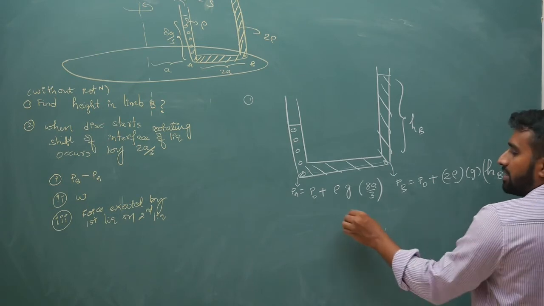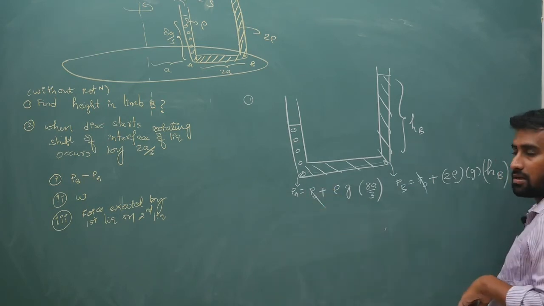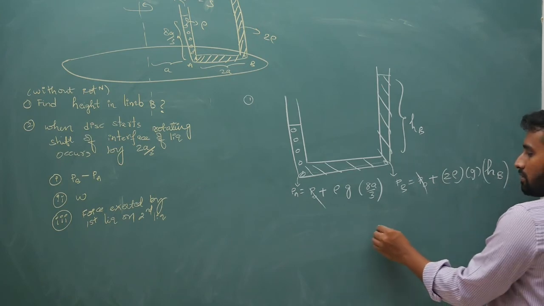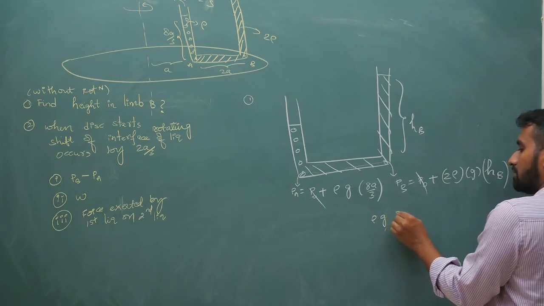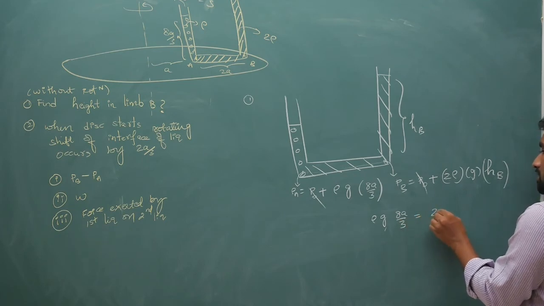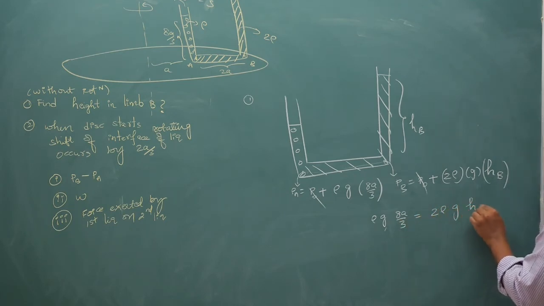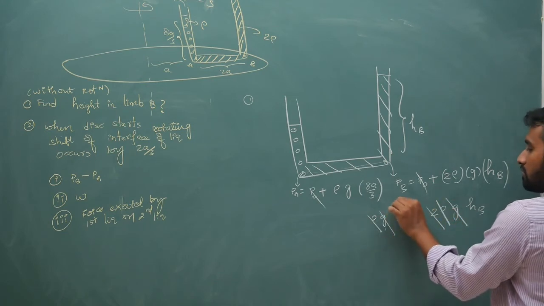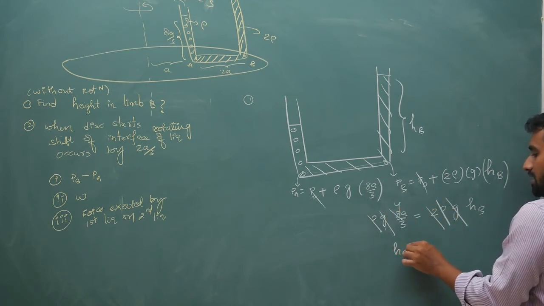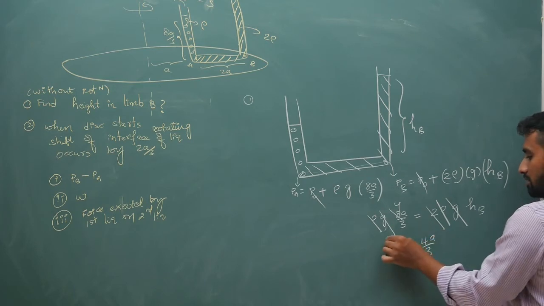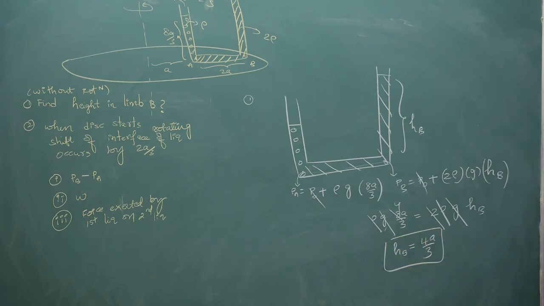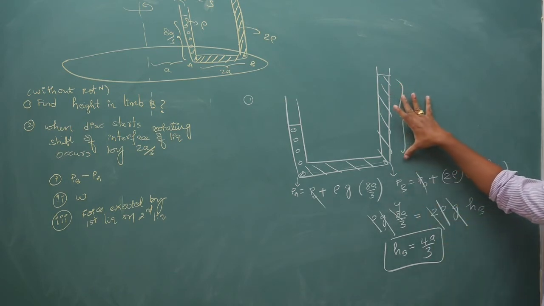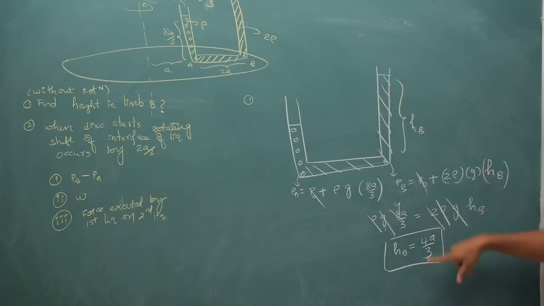So if you equate, P naught will cancel off, g will cancel off, rho g times 8a by 3 is 2 rho into g into HB, rho g cancels, 2 ones 2, 2 fours. So your height in B is 4a by 3.